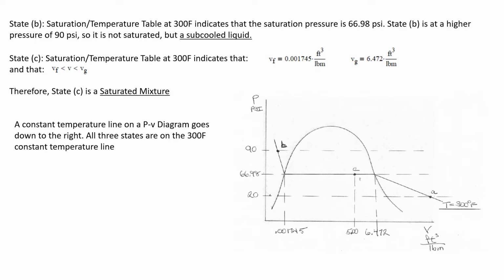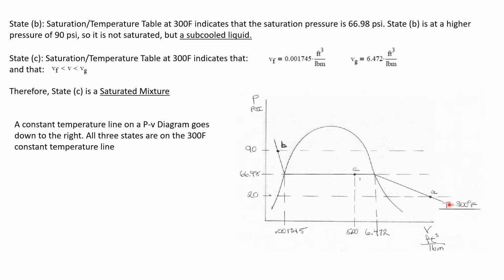Now that we know the phases of each of the 3 states, it's easy to plot a PV diagram. So here we have a pressure versus specific volume diagram, have a vapor dome, and a constant temperature line on a PV diagram goes down to the right, but it's always horizontal under the vapor dome.